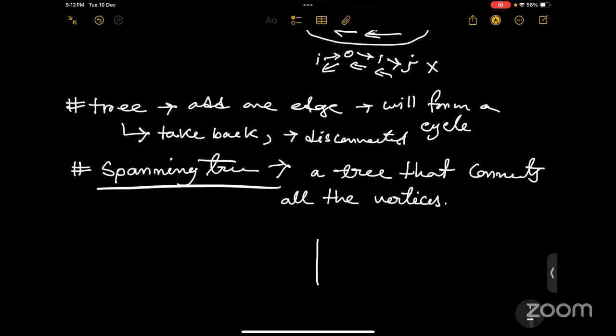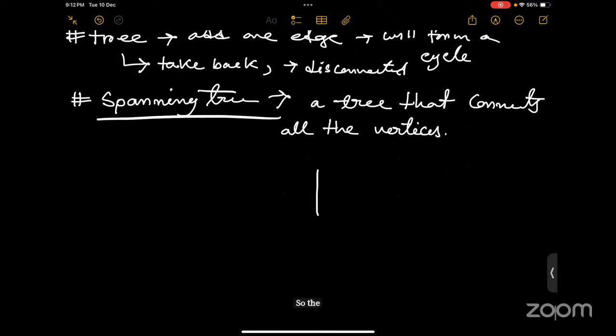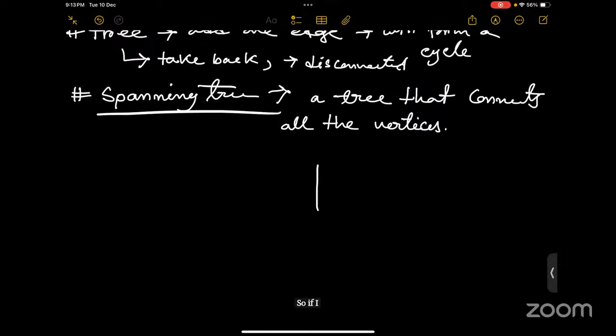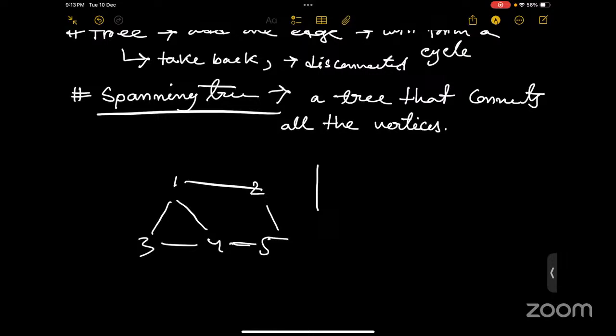Okay. So the thing is, a tree is obviously acyclic, as you know. Let us check one example. Suppose we have vertices 1, 2, 3, 4, 5 like that. Suppose this is our graph.